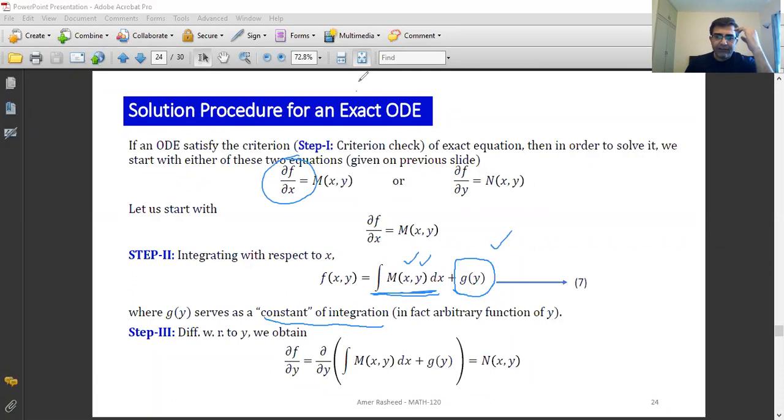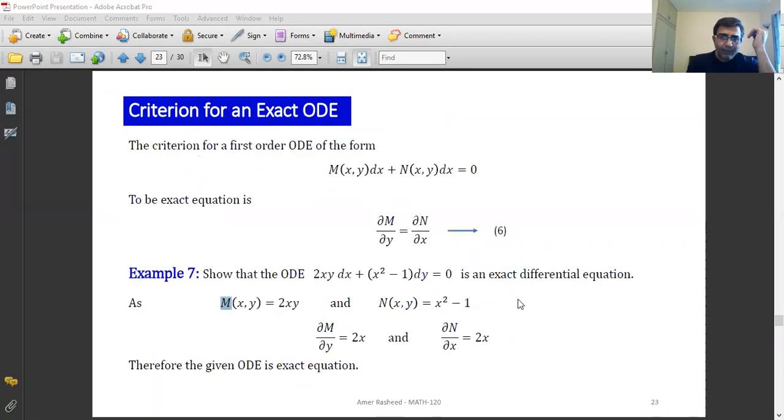On the previous slide you can see that while computing partial m over partial y, we assume that y is constant.